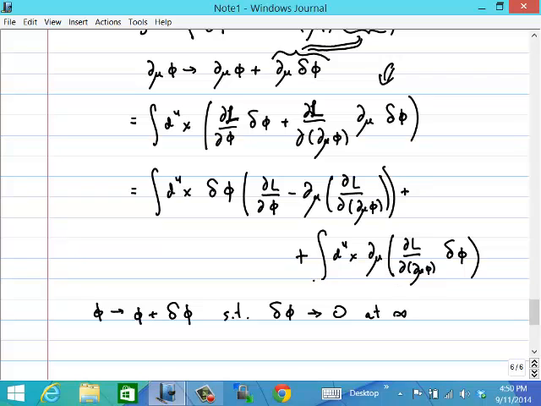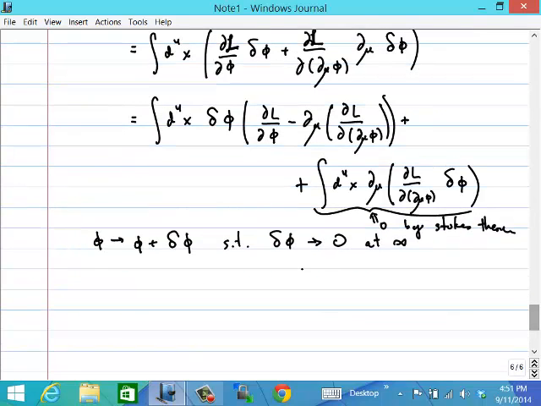Well, this term here is the integral of a total derivative. In a space without a boundary, the integral of a total derivative is just equal to 0. But of course, you could worry that there would be some boundary term that would arise here at the absolute value of x mu being very, very large, large T or large space. But I'm just going to demand that my field configurations vanish out at infinity, so that this term is just equal to 0 by Stokes' theorem.